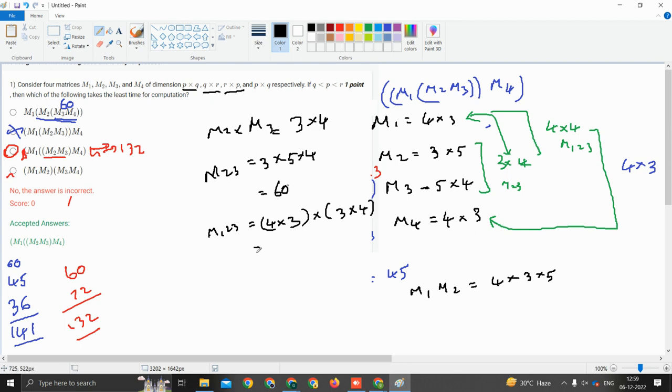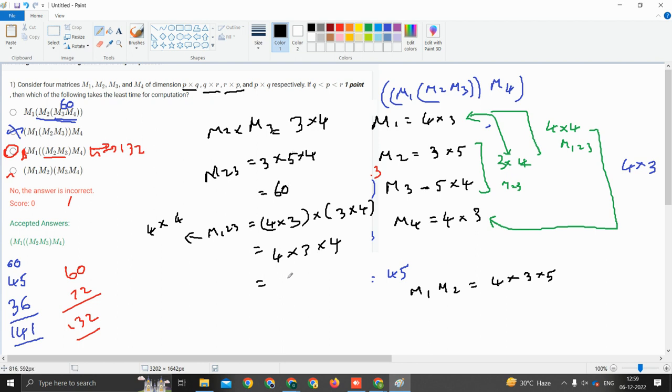The resultant M13 is going to be 4 cross 4. The computations are 4 into 3 into 4, since 4 cross 4 is the matrix dimension at the end. Very good.